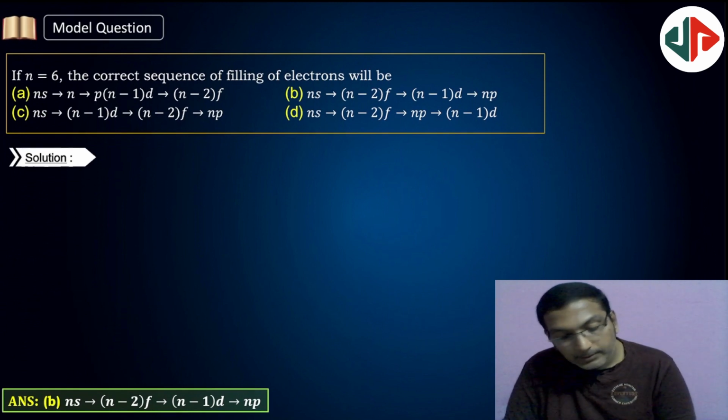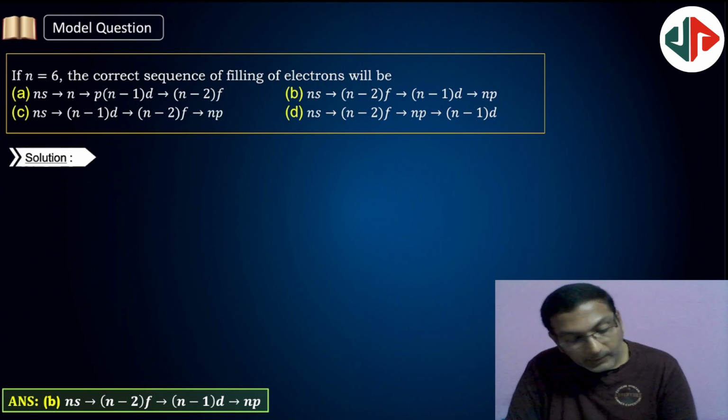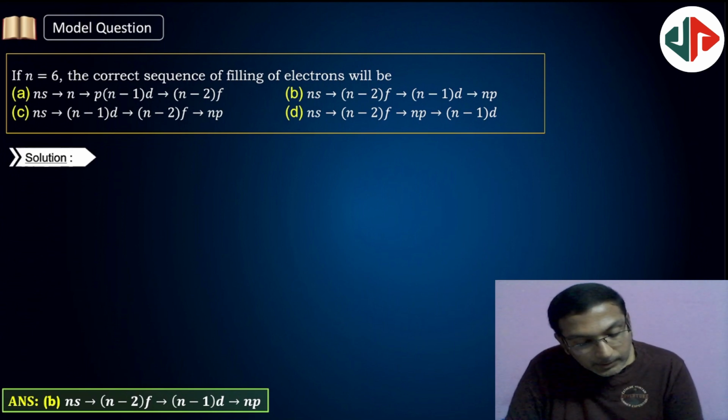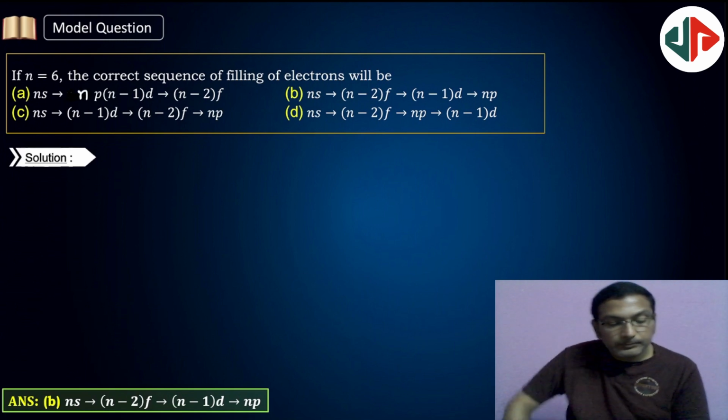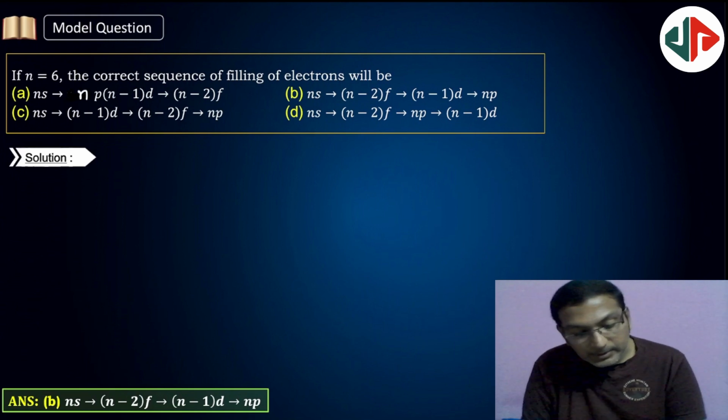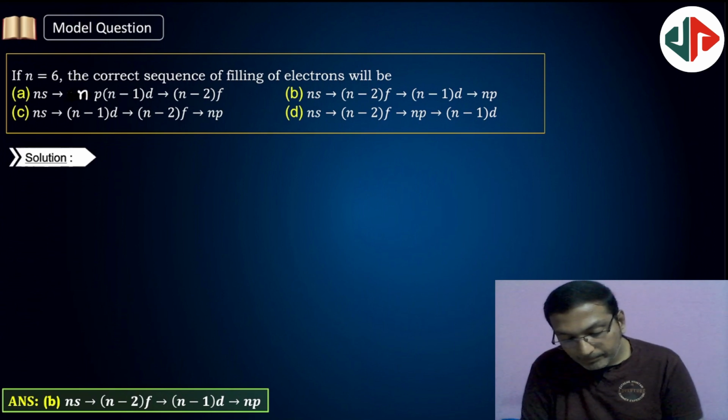Next question. Here different subshells are given. Here it should be np. So n equal to 6 is given, the sixth orbit.